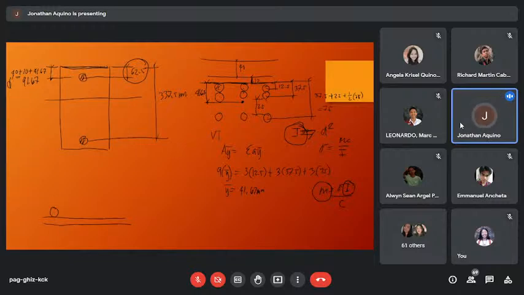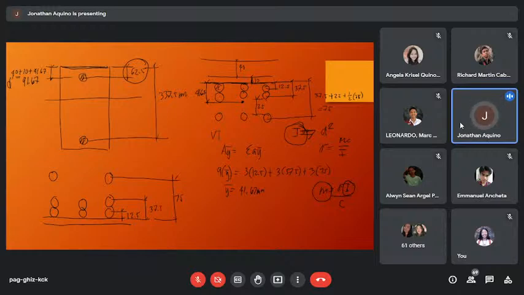We have 1, 2, 1, 2, 1, 2. Ganito yung arrangement natin. Okay? So ito, ang distance niya is 12.5. Ito, ang distance niya is 37.5. Ito, ang distance niya is 75 millimeters. So the only difference is, sa bottom bars, yung second layer natin, dalawang bakal lang.